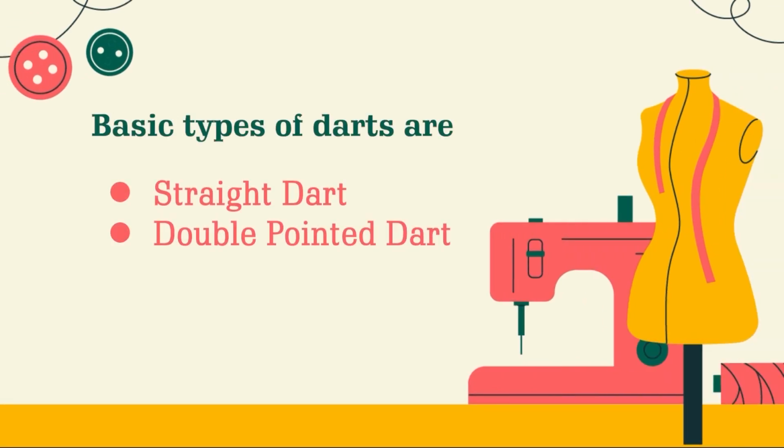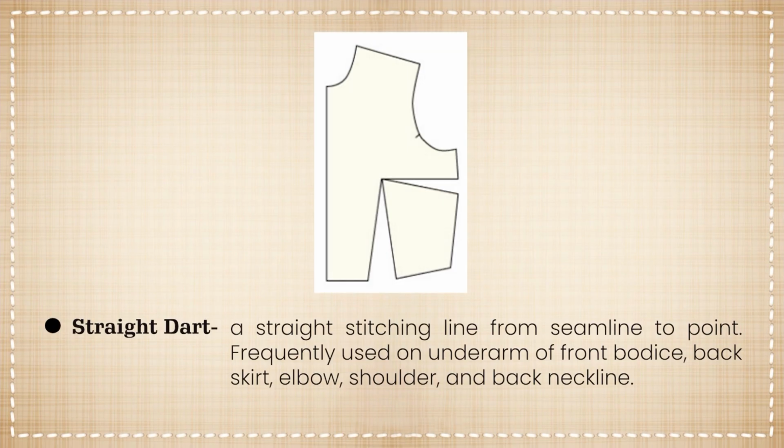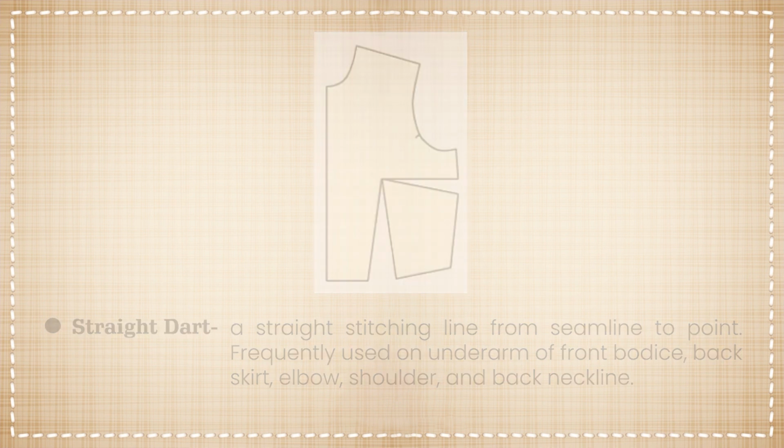There are basically two types of darts, a straight dart and a double-pointed dart. A straight dart is a straight stitching line from the seam line to the dart point. Frequently it is used on the underarm of front bodice, back skirt, elbow, shoulder, and back neckline.